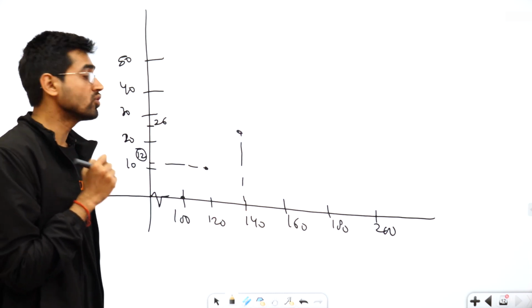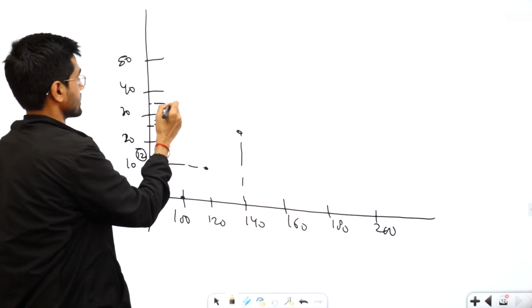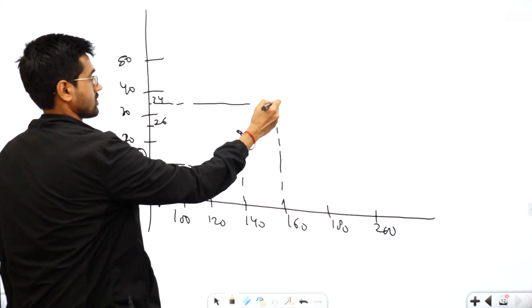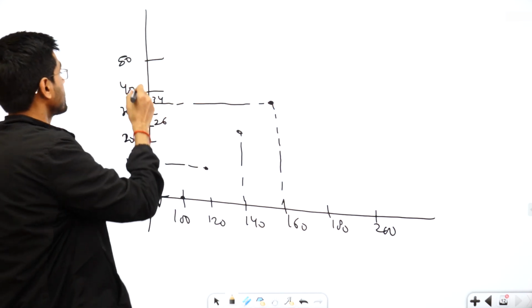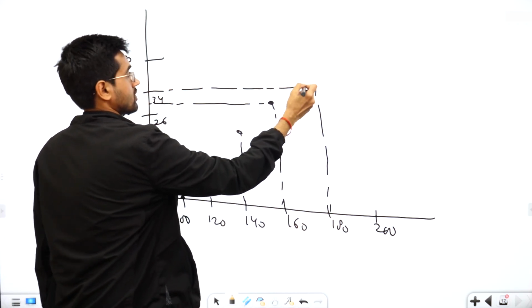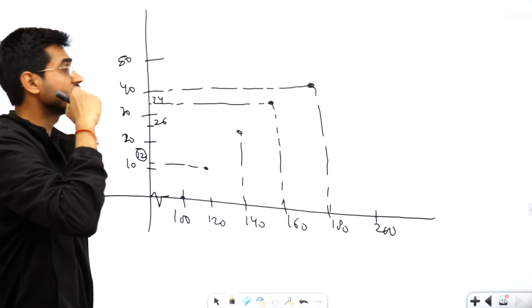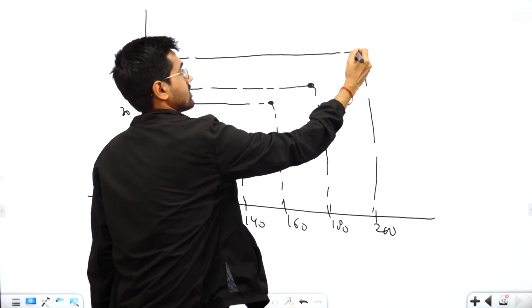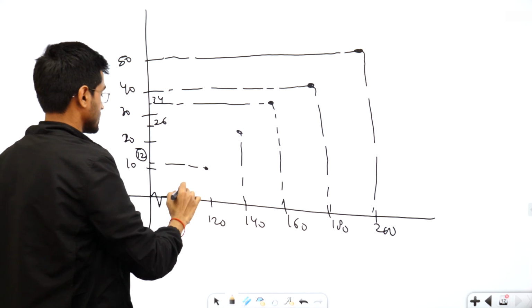Then the next value, 34, it will be here somewhere. Then 40. And what was the last value? 50. Just join it by a freehand curve and nothing else you have to do.